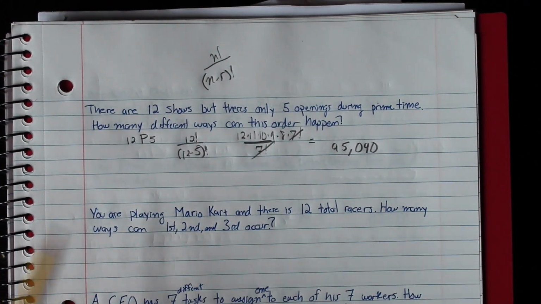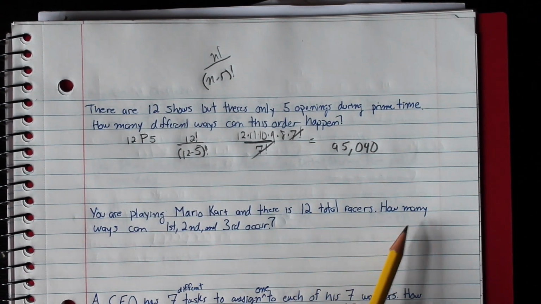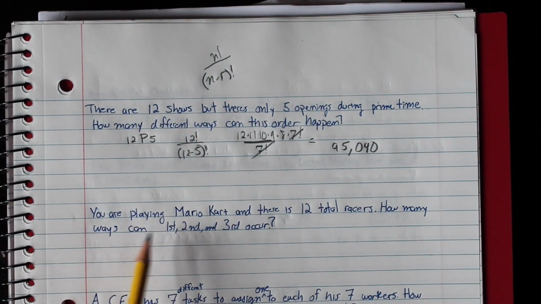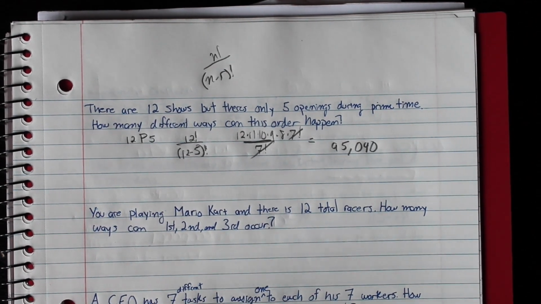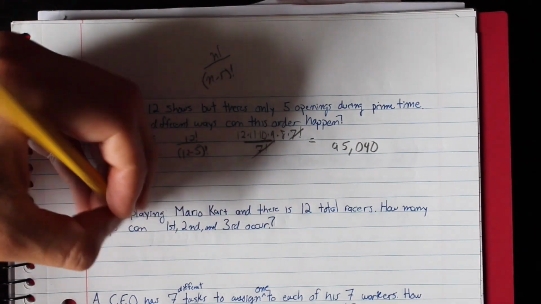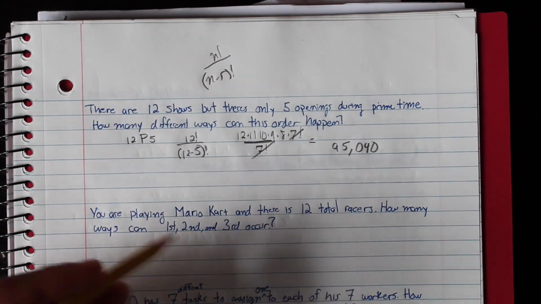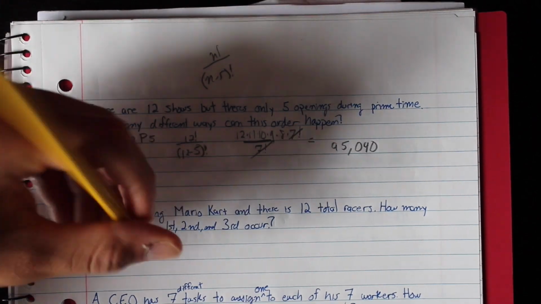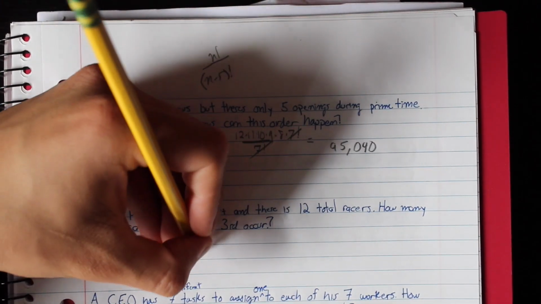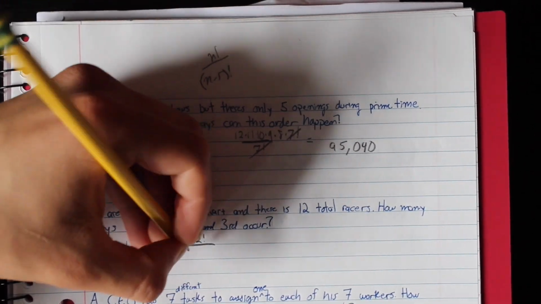Now the next one. You're playing Mario Kart and there are 12 total races. How many different ways can first, second, and third occur? It's the same thing: order matters, because that's how it goes. So it's going to be 12P3. Let's write this here.